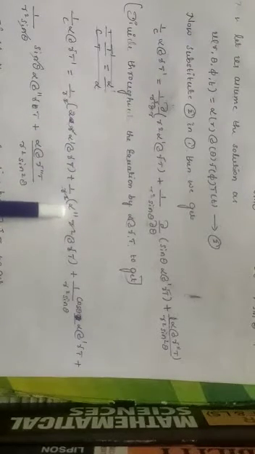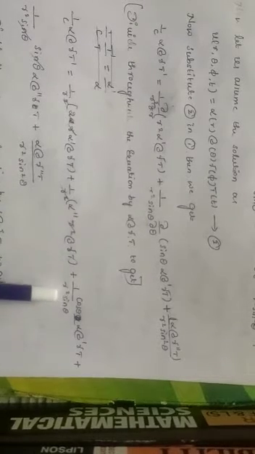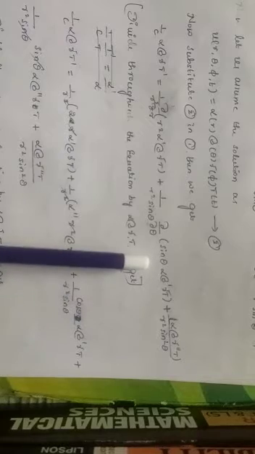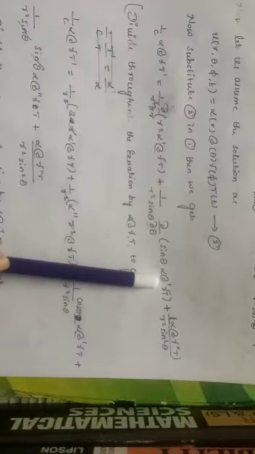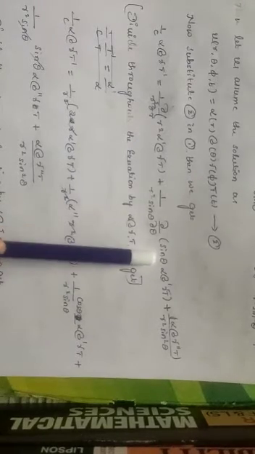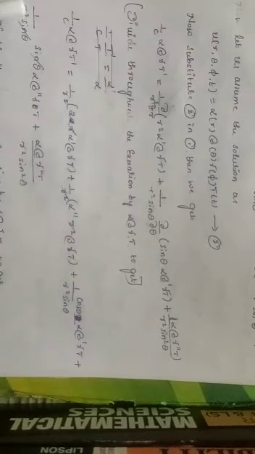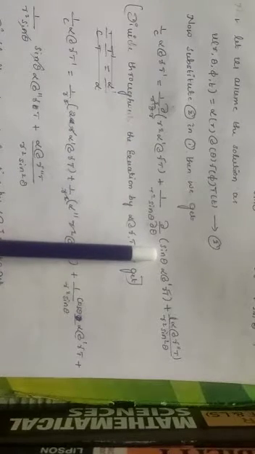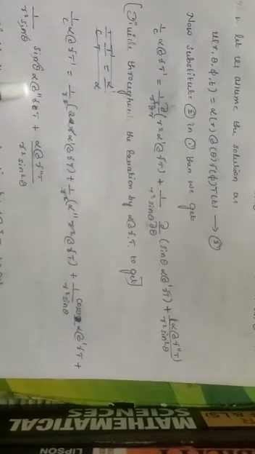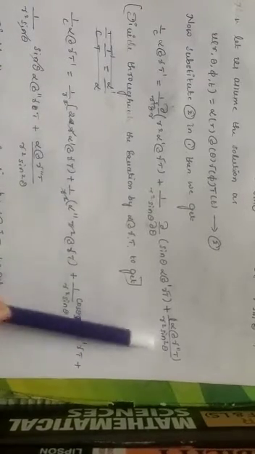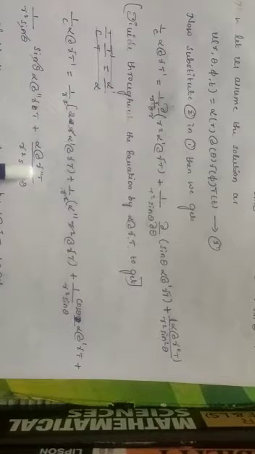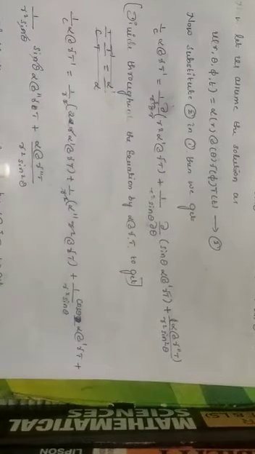We get alpha double dash into beta gamma into T, plus here we consider 1 over r square sine theta. First we take beta dash as a constant, so differentiate this one. So we get cos theta into alpha beta dash gamma into T, plus 1 over r square sine theta into, so we take sine theta as constant, so differentiate beta dash. So we get sine theta alpha into beta double dash gamma into T, plus the remaining is alpha beta gamma double dash T over r square into sine square theta.